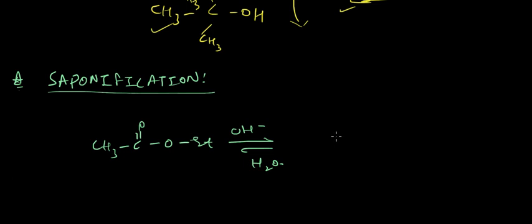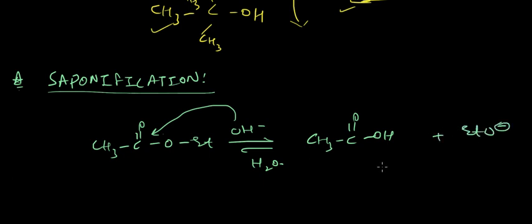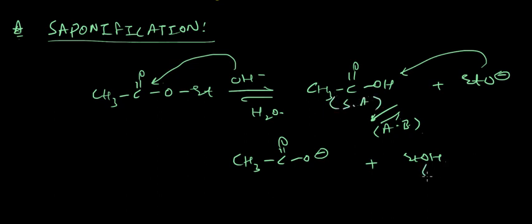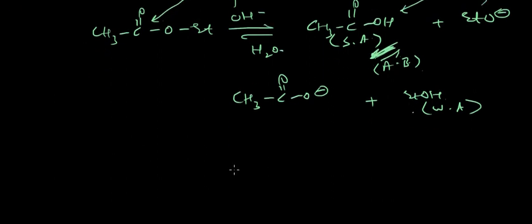So obviously this OH minus will be attacking this carbon atom, and we'll be getting OEt minus, and then this OEt minus will take this H plus in an acid base reaction. As a result, we'll be getting something like this and EtOH. Obviously this is a stronger acid than this, hence the reaction will favor the forward direction. So hydrolysis of ester in basic medium is known as saponification.